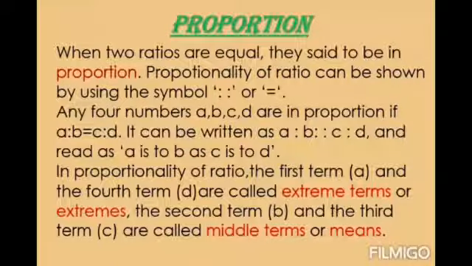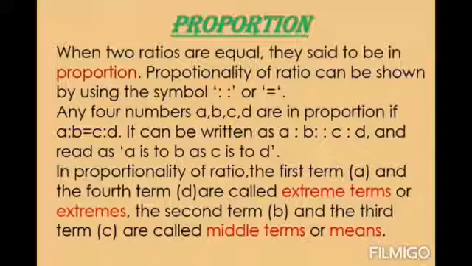Today we will discuss proportion. When two ratios are equal, they are said to be in proportion. Any four numbers A, B, C, D are in proportion if A is to B equals C is to D. It can be written as A is to B as C is to D. In a proportion, the first term A and the fourth term D are called extreme terms or extremes.